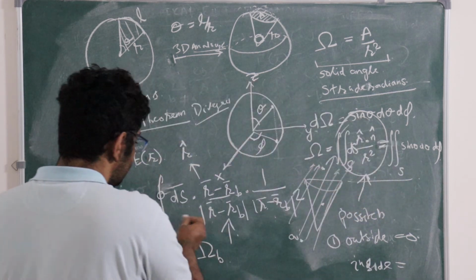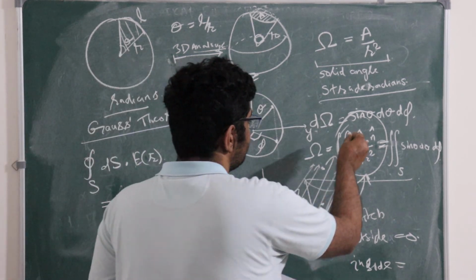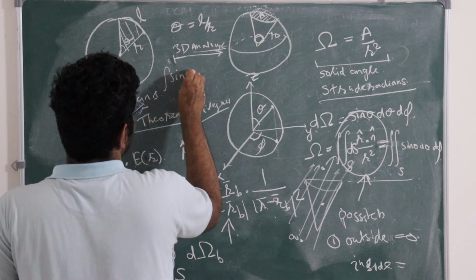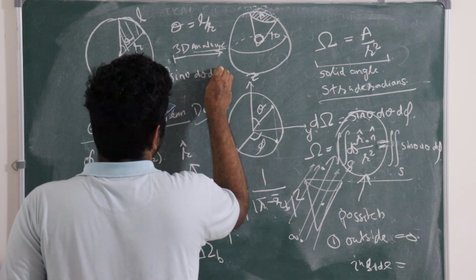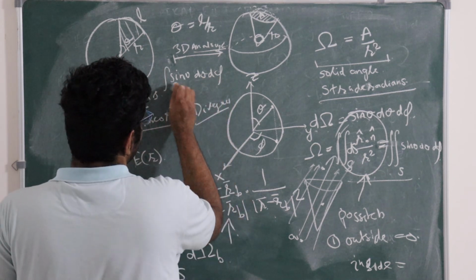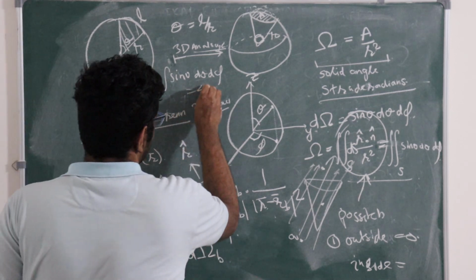it will be the whole solid angle, and the total solid angle is, if you see over here, the integral of sine theta d theta d phi. The integral of d phi is 2 pi, the integral of sine theta d theta is 2, so the answer is 4 pi.